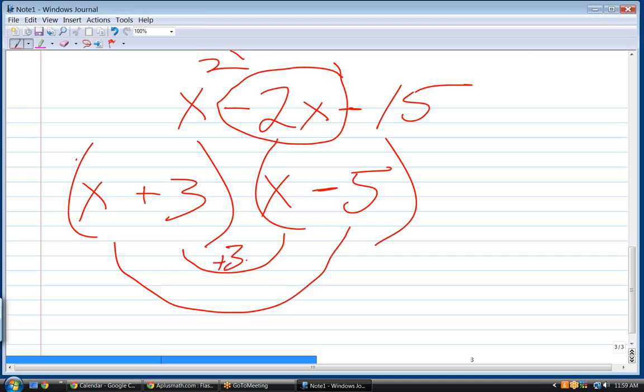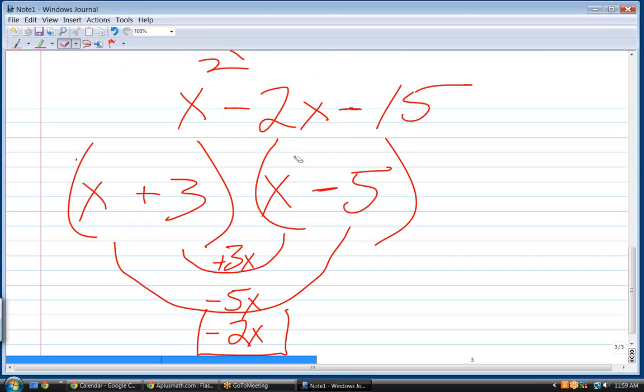Probably why they teach FOIL is because this is the O and the I of FOIL. Then add those two terms together, you get 2x. Our middle term is correct. But when I'm checking, that's all I need to check is the middle term. I do not need to check this first term. I don't need to check this third term.